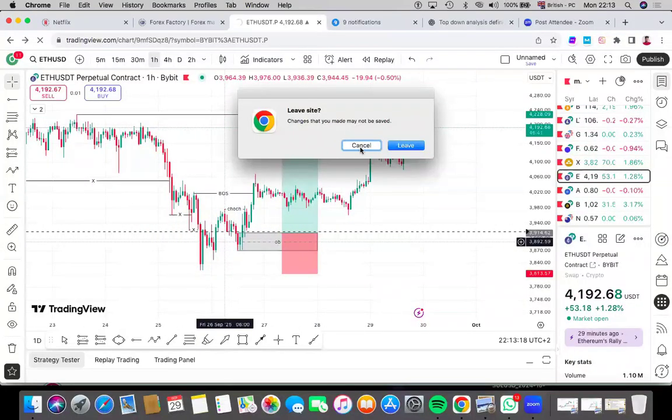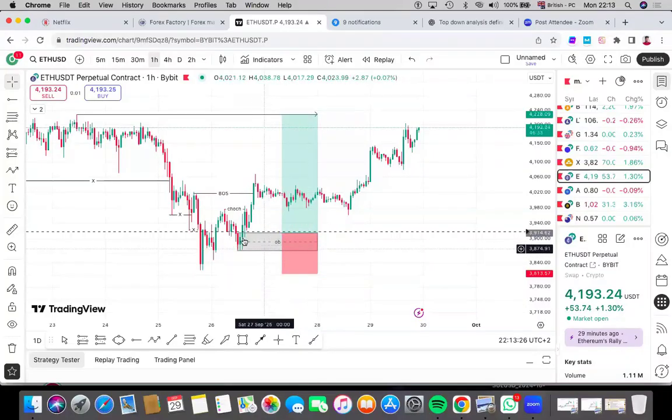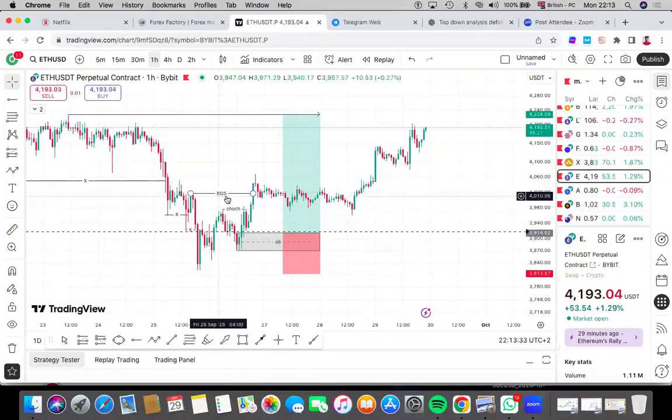So now, our entry here would be, so you know that when we are doing our analysis, we said if you want to go on a long position, you take your trade from the order block. And you can see from here that we have another block here, right? And we have a break of structure, which you know the definition of. Why did I take a long position on this trade?